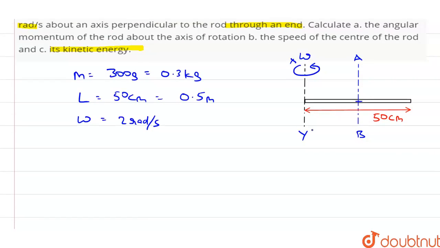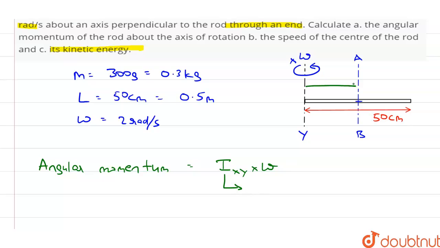Calculate the angular momentum of rod about the axis of rotation. Now angular momentum is equal to moment of inertia about line xy into omega. Now moment of inertia about xy can be calculated using the parallel axis theorem, since it is parallel to the line passing through the center of mass.